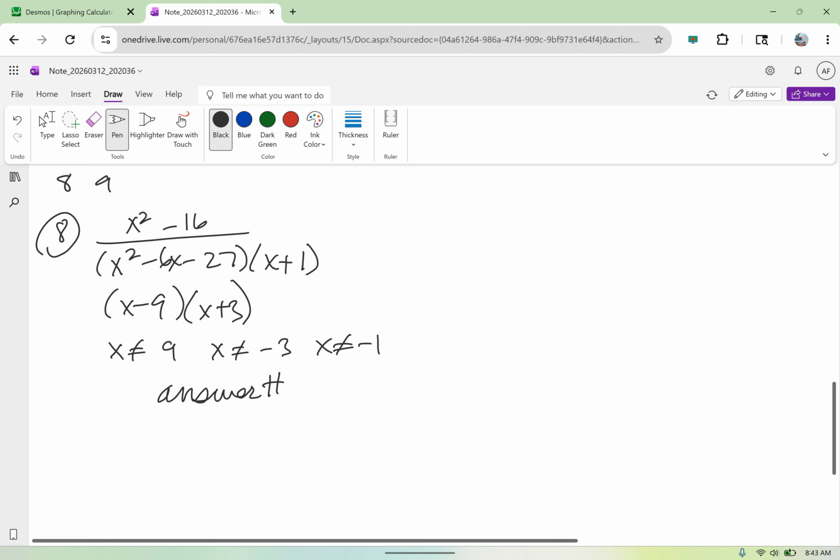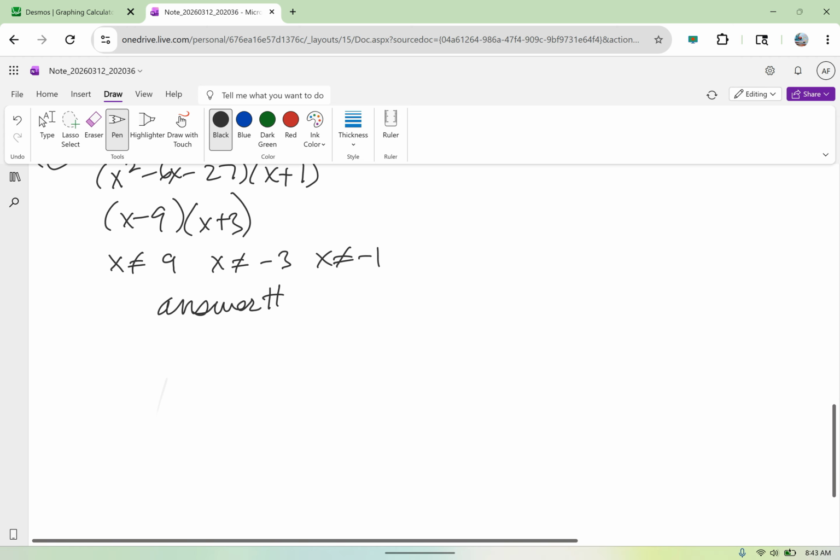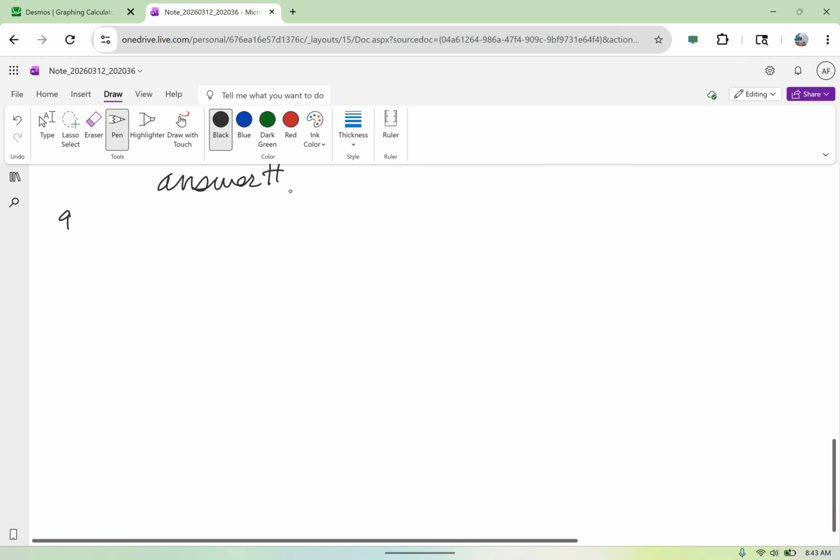All right, number 9. What is the lowest common multiple of x squared minus x and 3 minus 3x? So let's factor these guys to find out. So x times x minus 1, 3 times 1 minus x.